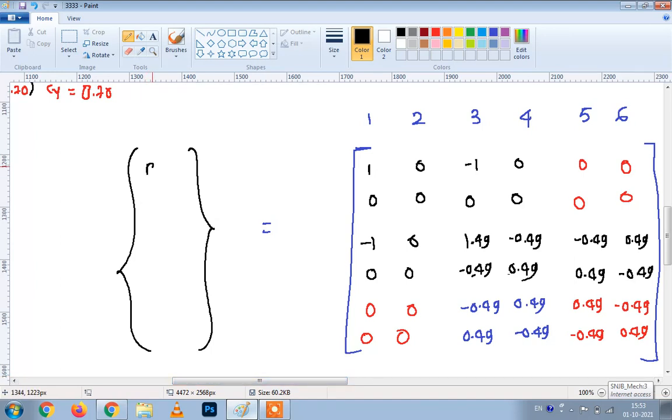So here R1x and R1y, these are for node point number 1. Now for node point number 2, there is no force as well as no condition is given. So it becomes 0, and here minus 100.